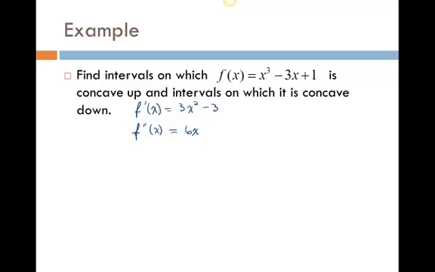Okay. So we're going to use a sign chart to determine concavity, where it's concave up and where it's concave down. We're going to set that equal to 0. So you set the second derivative equal to 0, and you get x equals 0.